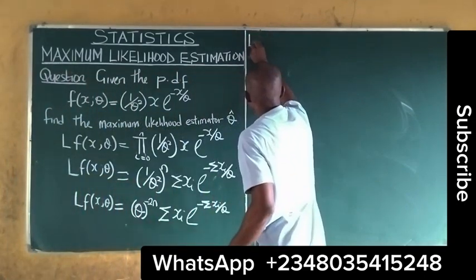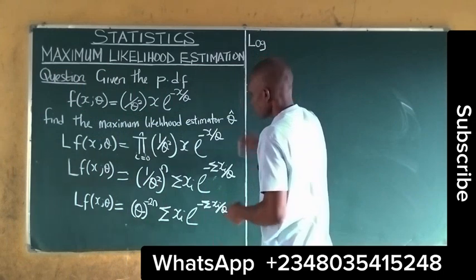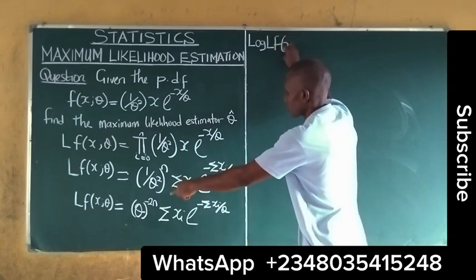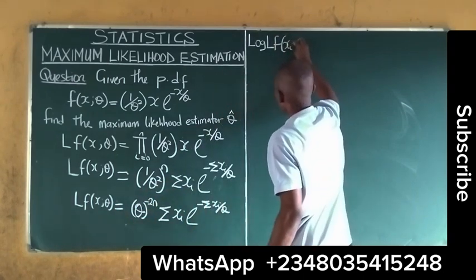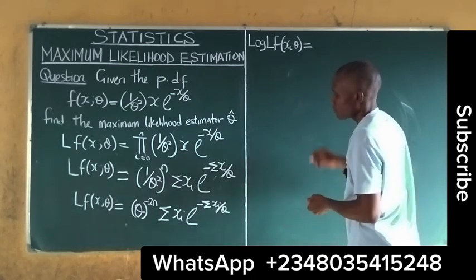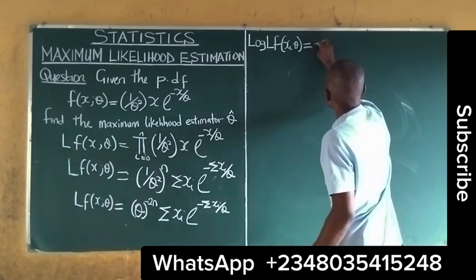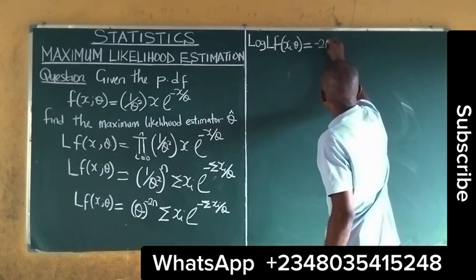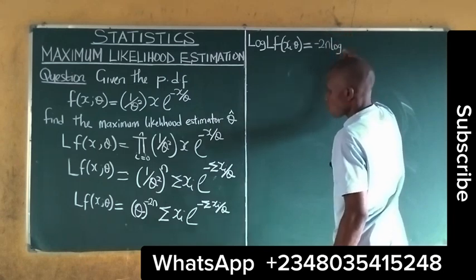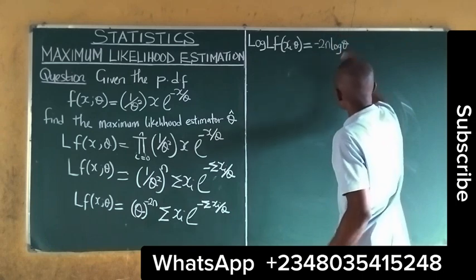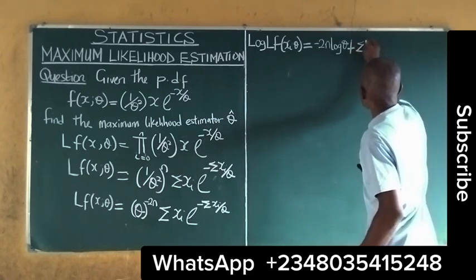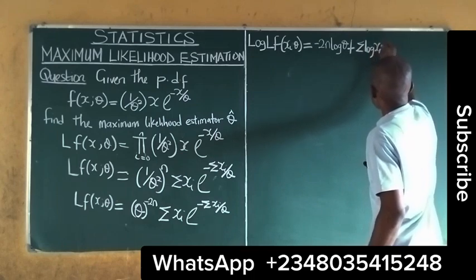So we can now take the log. Taking the log of this function, log f of xi, theta will be equal to, if we take the log, negative 2n log theta plus summation of log xi.